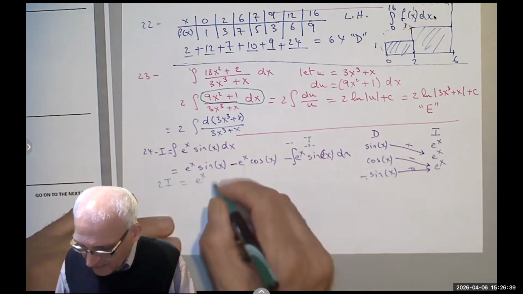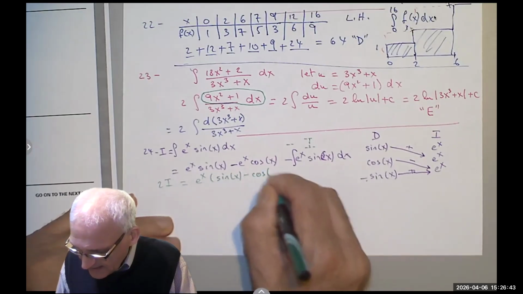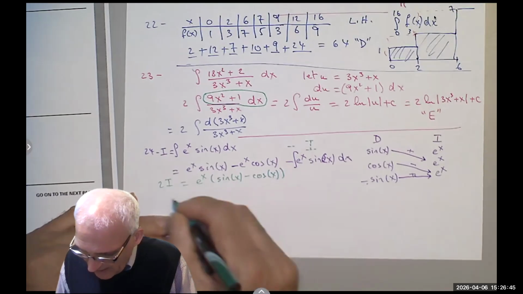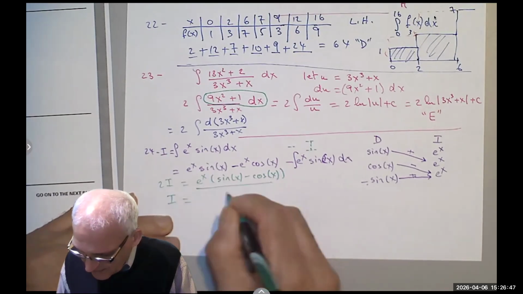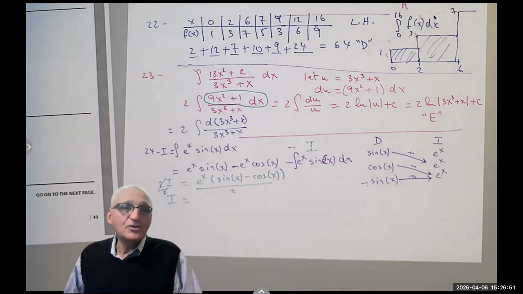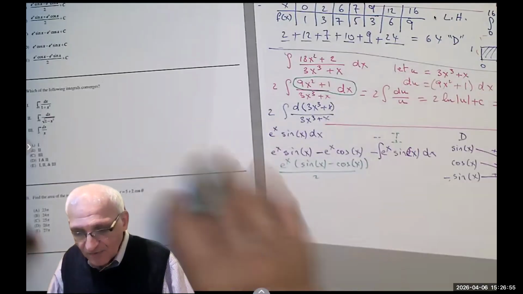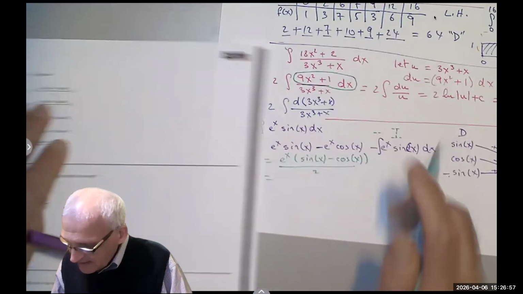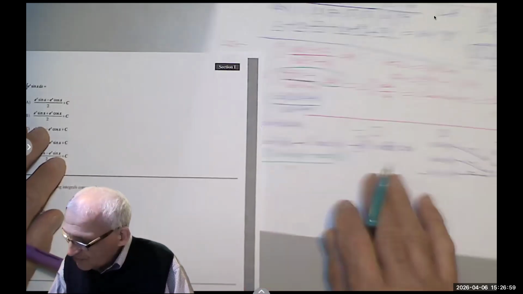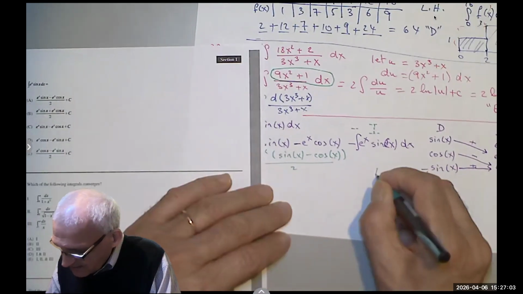You factor it out, and you get (sine of x minus cos of x). So I equals this whole thing over 2. Divide both sides by 2. That's how we do it when we have a periodic function, and that's basically A. Oh, no, that was E. D, E, and then this one is A.